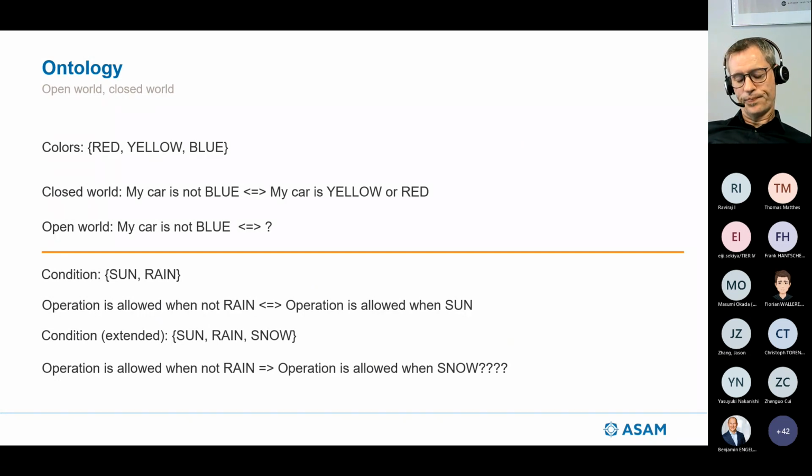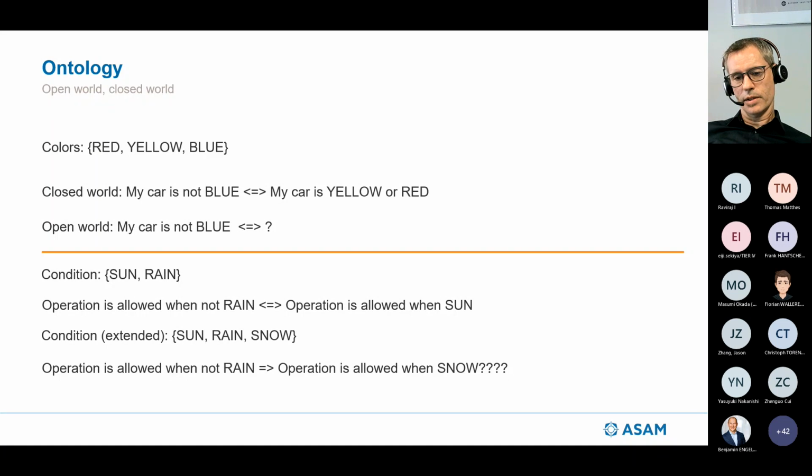Whenever you say my car is not blue, it's the same as saying my car is yellow or red. In an open world, where you cannot say there is no other color than red, yellow, blue, you just don't know. You cannot infer any other propositional logic than my car is not blue.